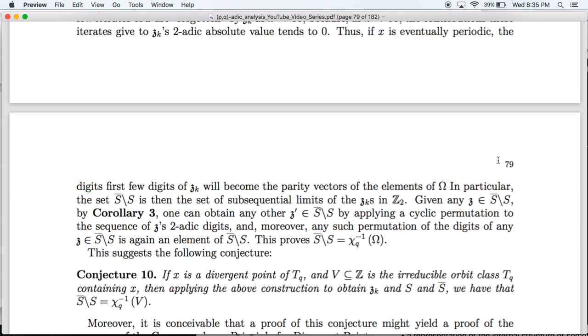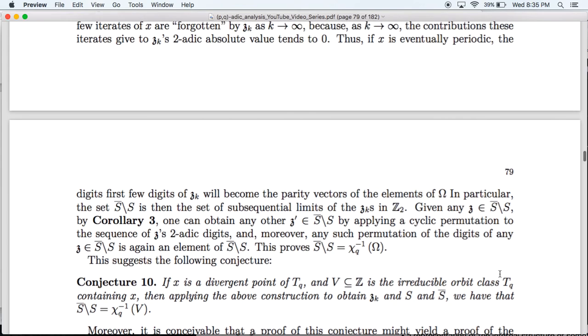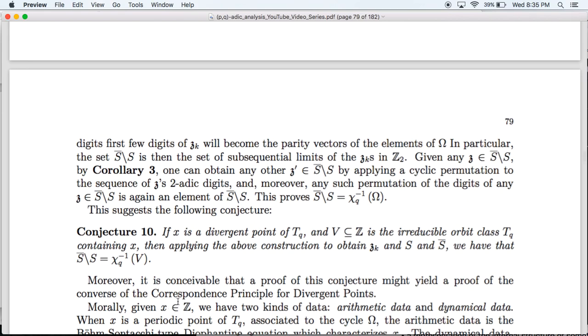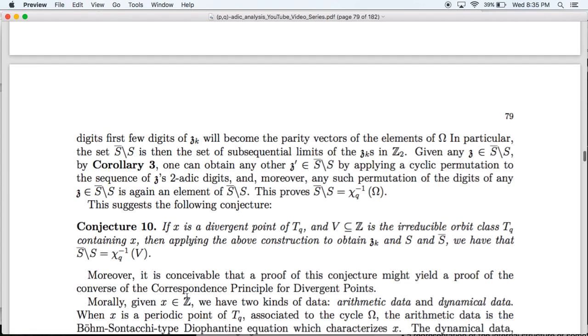In particular, if x is a divergent point of q, and if v is the irreducible orbit class of tq which contains x, then if we apply the above construction to obtain zk and s bar, then s bar take away s is the subset of two-adic integers which chi q ascends to v. If we could prove this, we would then get a proof of the converse for the divergent point principle.